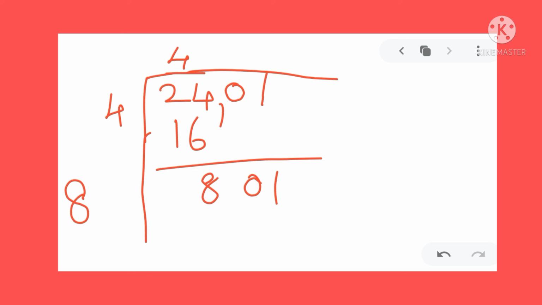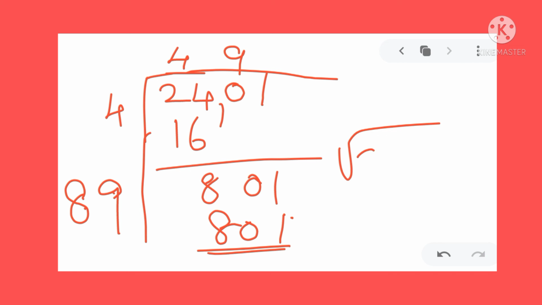Since the number ends with 1, if we write 1 here, it is not the correct answer. Then let us write 9. Then 9 9s are 81, 9 8s are 72 plus 8, 80. So root 2401 is equal to 49.